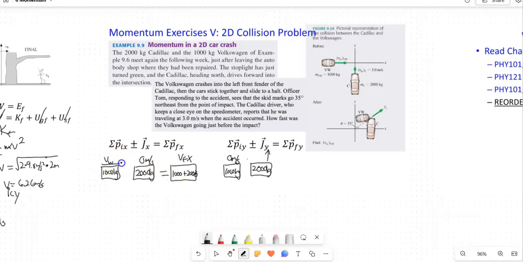And this guy's moving to the right at a positive 3 meters per second. And when they hit and combine, that's going to be 1,000 plus 2,000 kilograms. They're going to be moving upwards at some final velocity. Okay?